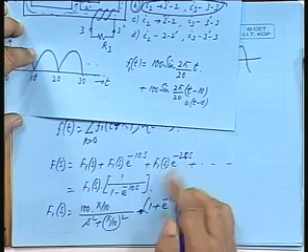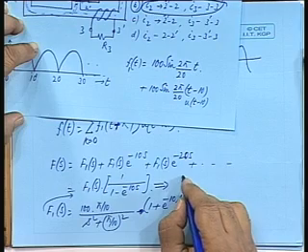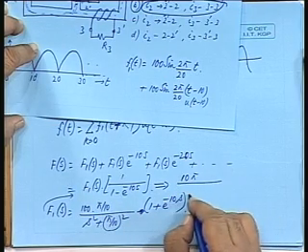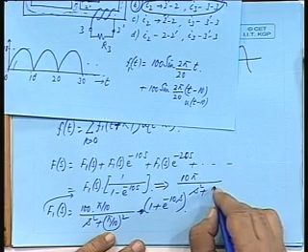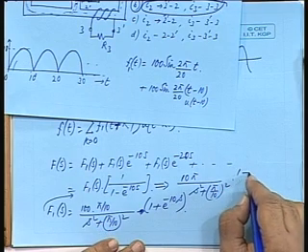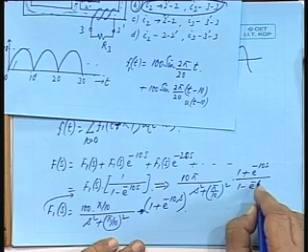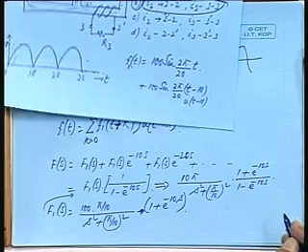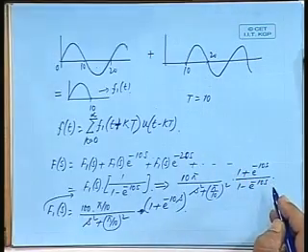So, substitute here, that gives me 100 into pi by 10, that gives me 10 pi divided by s squared plus (pi by 10) squared, into (1 plus e to the power minus 10s) by (1 minus e to the power minus 10s). Somebody may write this as coth 5s e to the power minus 5s if I multiply. So, coth 5s.